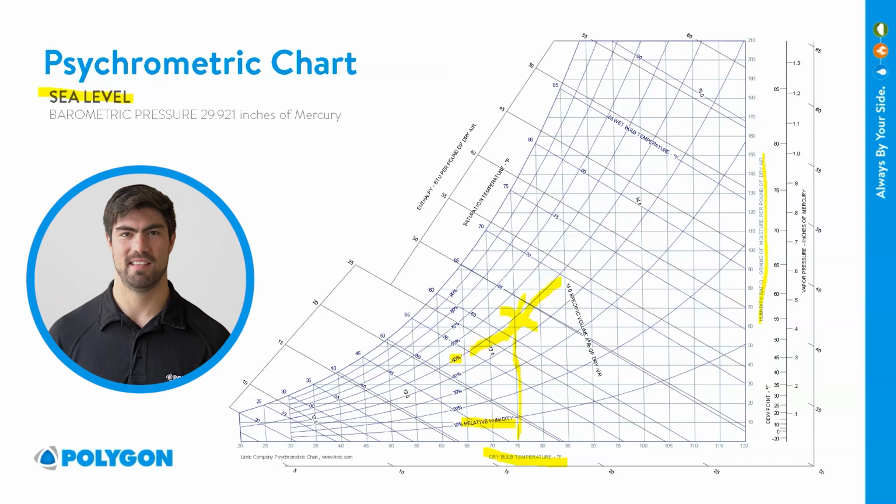We can pull out a lot more information from knowing this spot, like for example, the grains per pound. If we draw a straight line over to the right, sometimes that's important, sometimes it's not, but I just wanted to show you how we get more information just from knowing two pieces of information on two different axes.